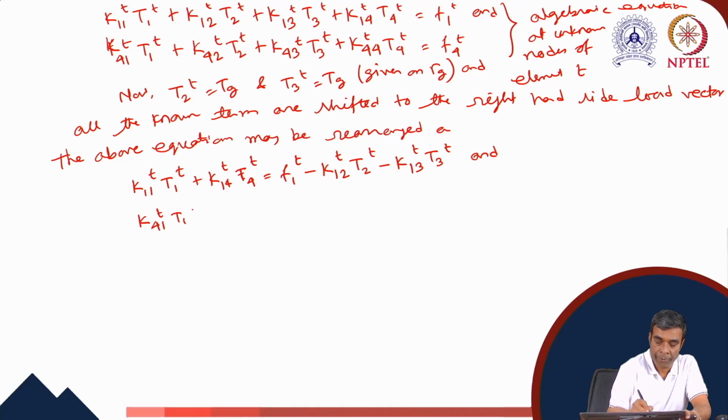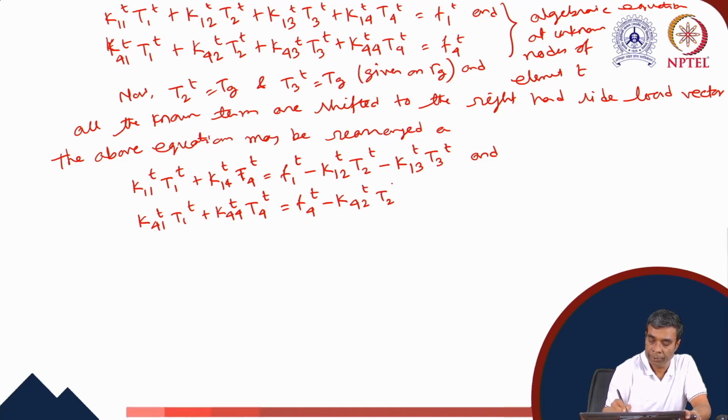K41T T1T plus K44T T4T equals F4T minus K42T T2T minus K43T T3T.